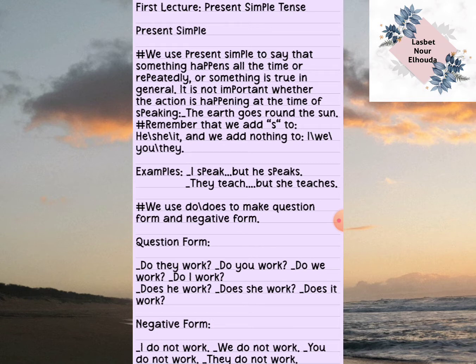Remember that we add s to he, she, and it, and we add nothing to I, we, you, they. In other words, when we conjugate the verb with he, she, and it, we add the s. But with I, we, you, and they, we add nothing.